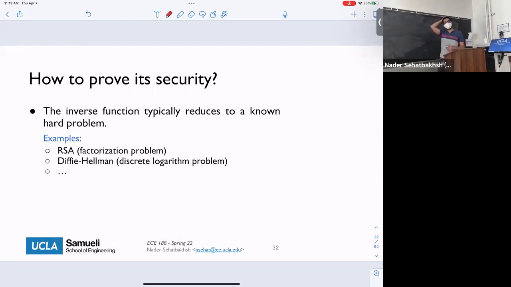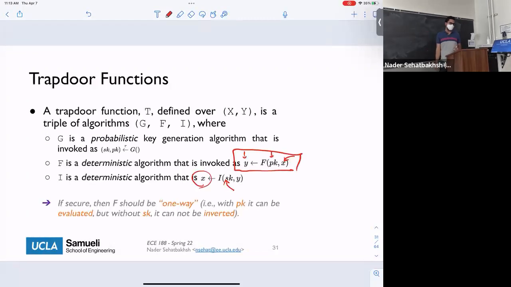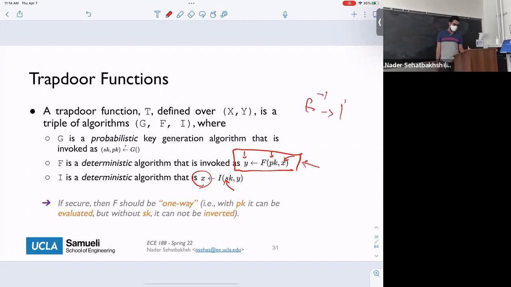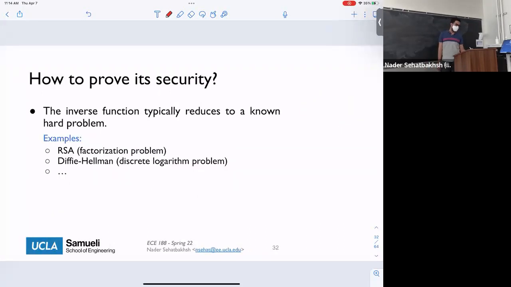So how do we prove that this is actually a secure function? The interesting thing about trapdoor functions is that you can show that in order to solve this problem, which is inverting f, the problem reduces to some hard problem. For example, in the case of RSA, it becomes a factorization problem.